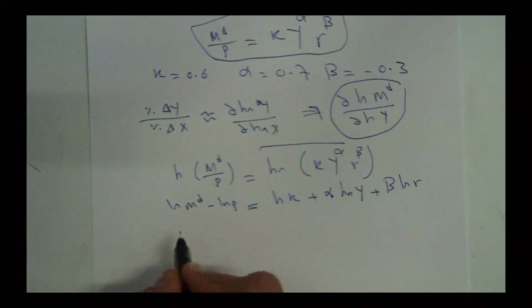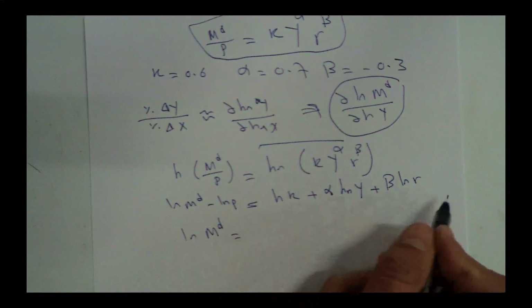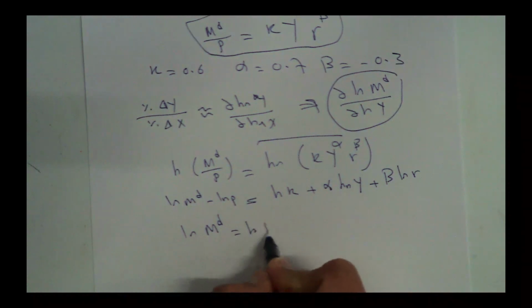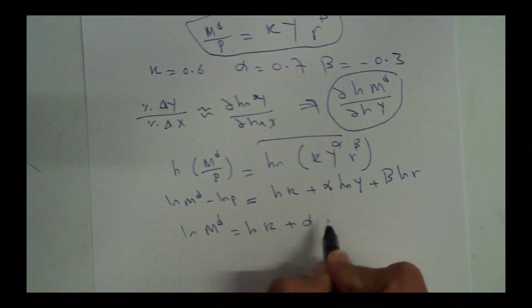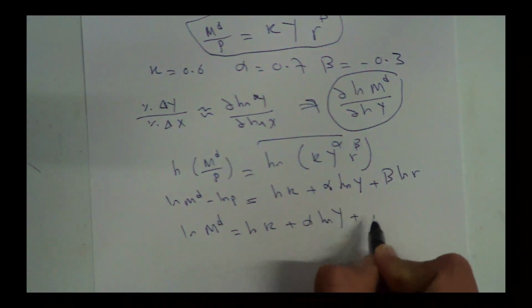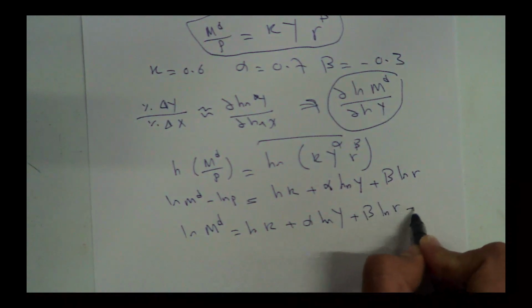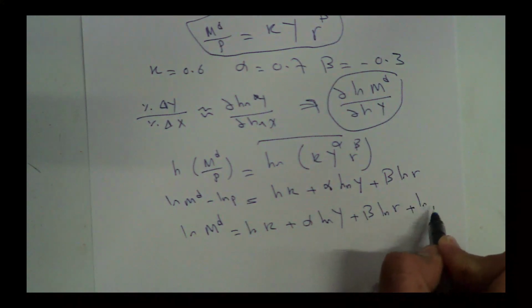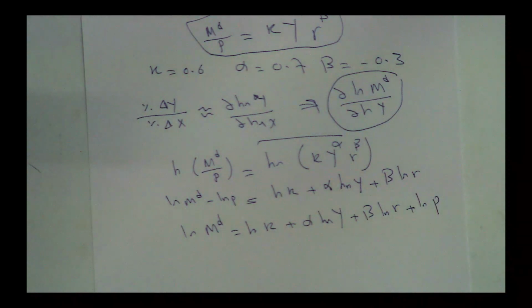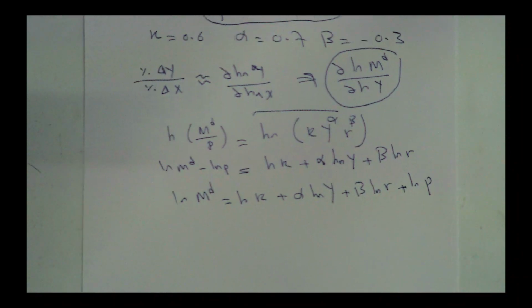So ln Md equals everything here: ln k plus alpha ln Y plus beta ln R plus ln P. Okay, the price.